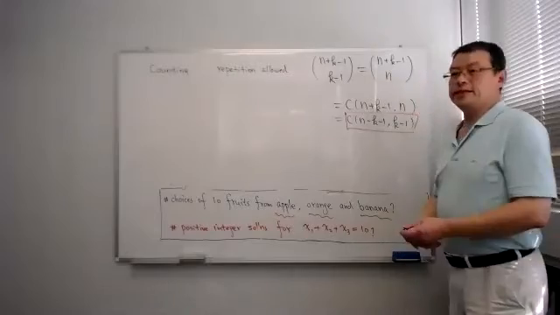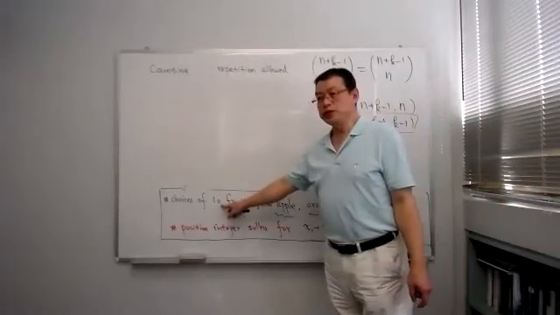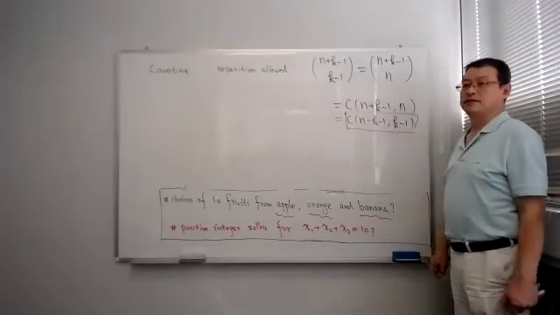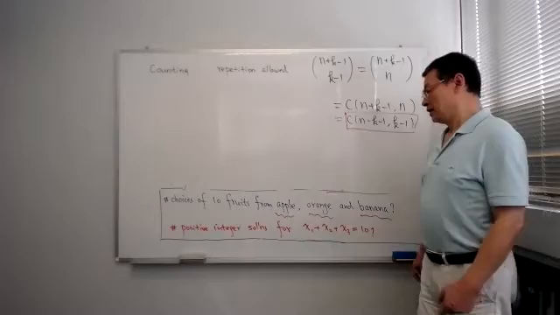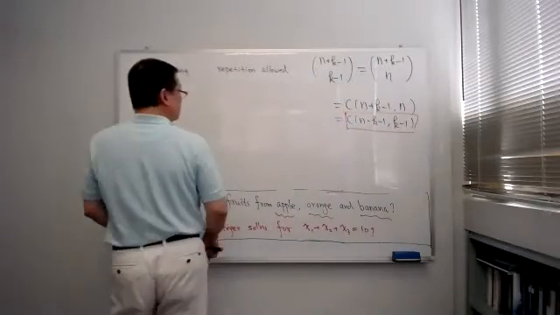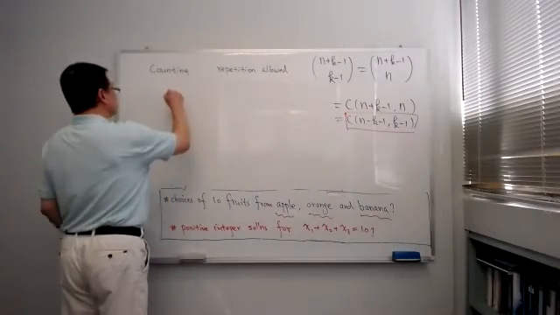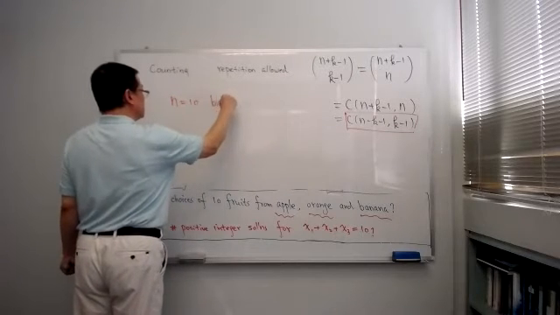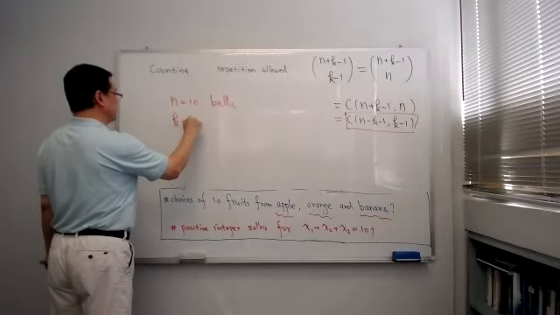Let's see the number of different ways to obtain 10 fruits from three types of fruits: apple, orange, and banana. In this case n equals 10, these are balls, and the number of boxes is 3, so k equals 3.